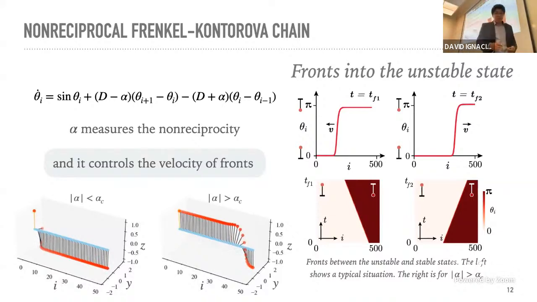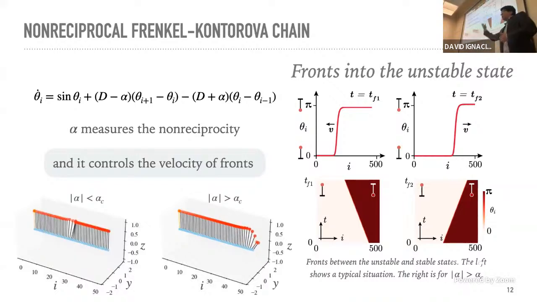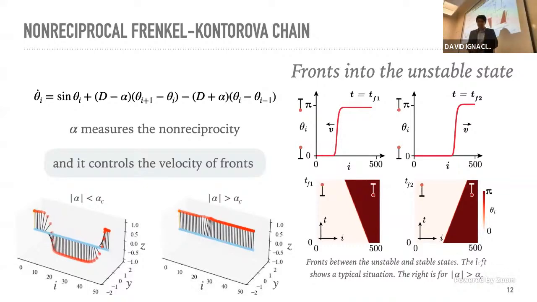So when you start to increase alpha, you start to see that it controls the velocity of fronts, and even it can reverse it. So some funny things like all the pendulums starting to go in the up direction by themselves is something that can happen when you have non-reciprocal coupling, and it's a really unexpected behavior.